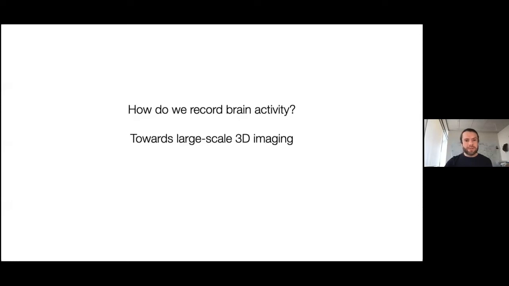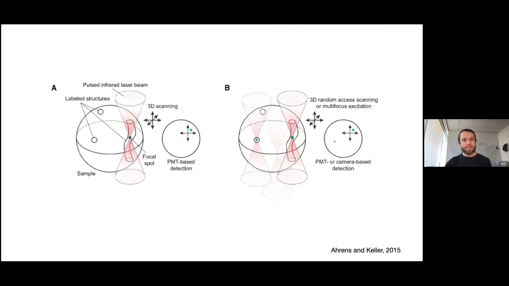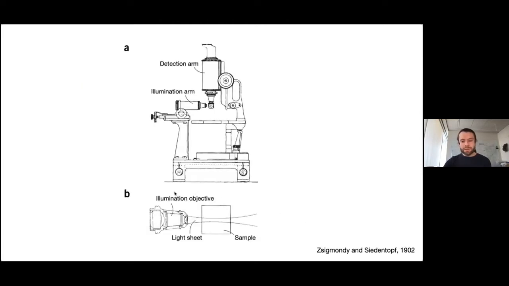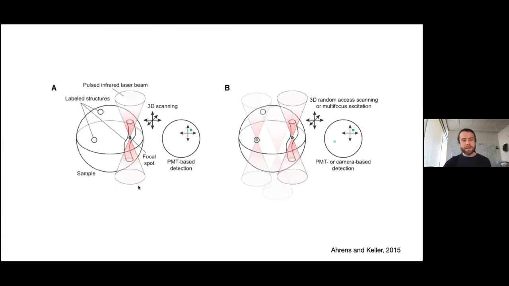So how do we record brain activity? I'm going to give you an overview of a bunch of techniques that can be used, and some of these are older, many of them are very recent. So I showed you a 2-photon movie just a few slides ago.